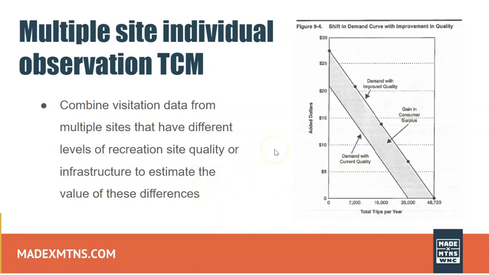Here in figure 9.4 in the book, we've got demand with a current quality that has a vertical intercept of about $21 and a horizontal intercept of 35,000 trips.